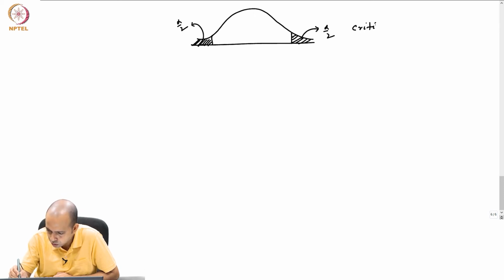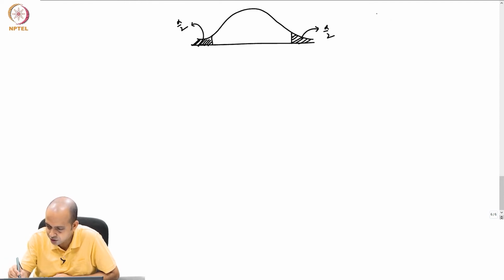that this is our distribution, so this is alpha by 2, this is also alpha by 2.